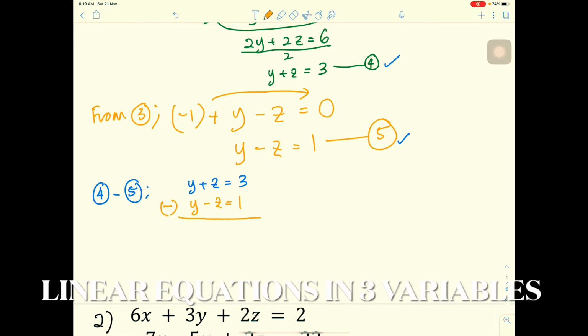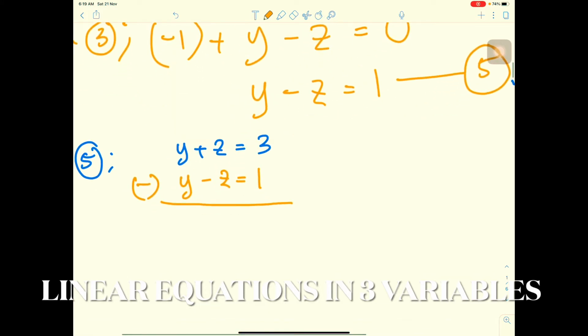The operation is minus. So y minus y equals 0, z minus negative z equals plus 2z, equals 3 minus 1 equals 2. Therefore z equals 2 divided by 2, equals 1.